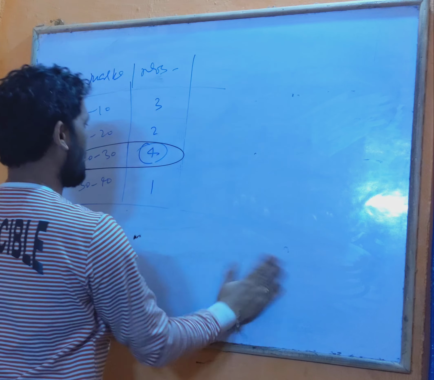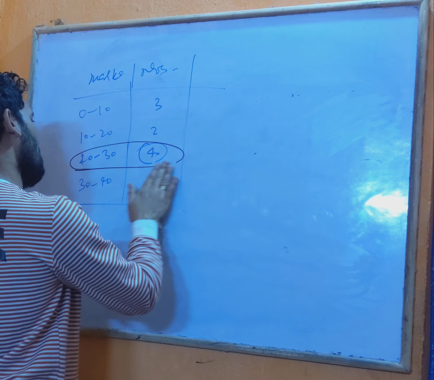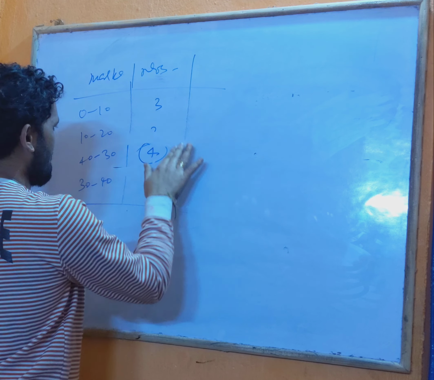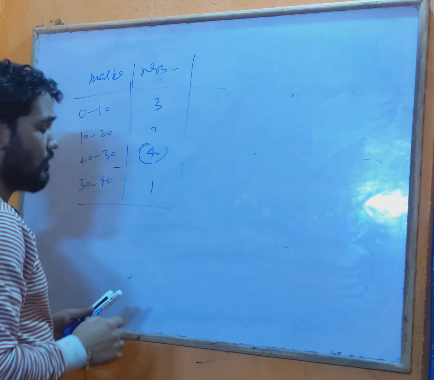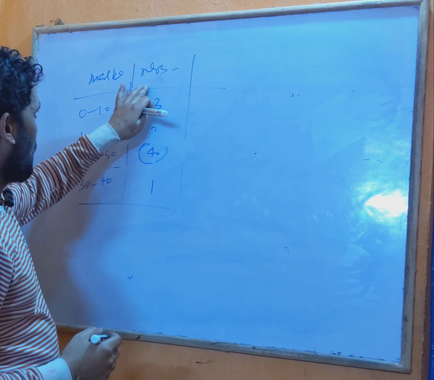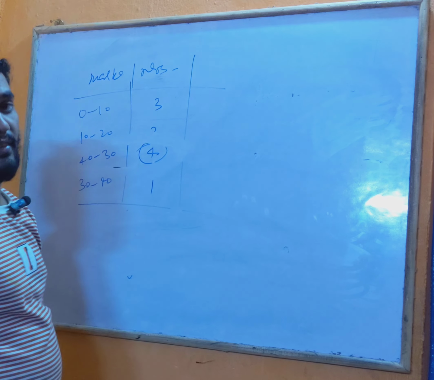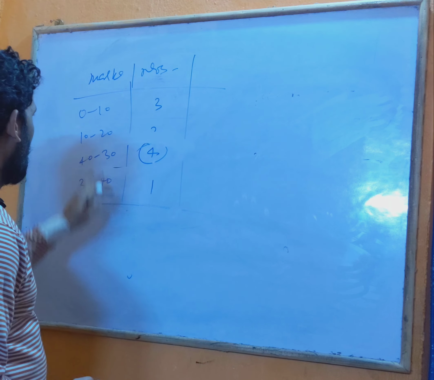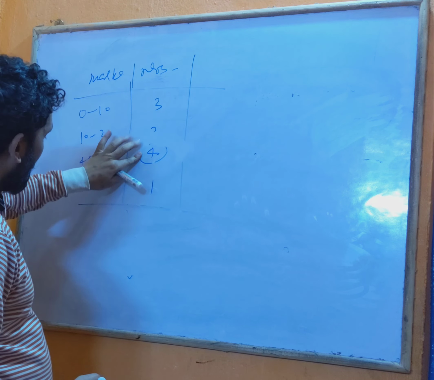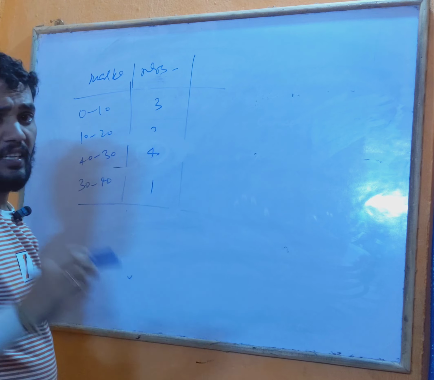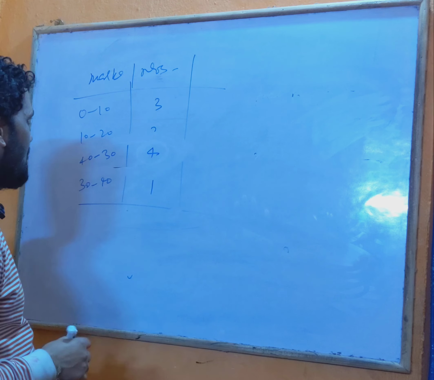Now move to the next thing. If anybody asks what is the median for this data, basically we can also find the median for the continuous distribution. For median we have a special thing, that is cumulative frequency.